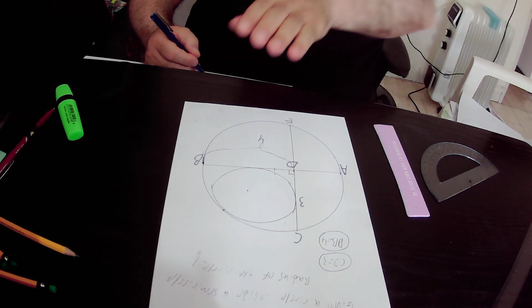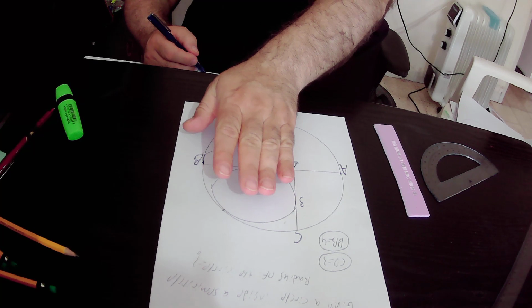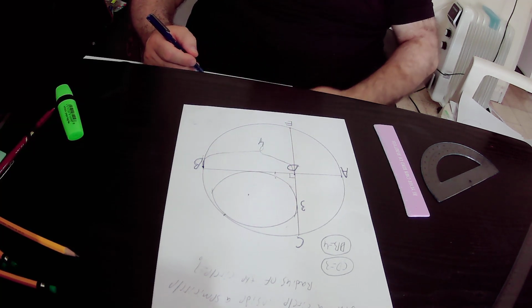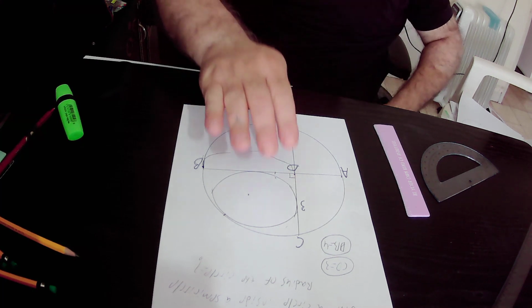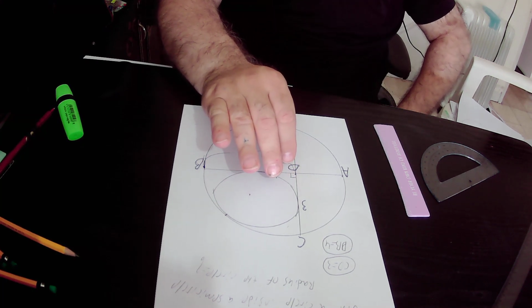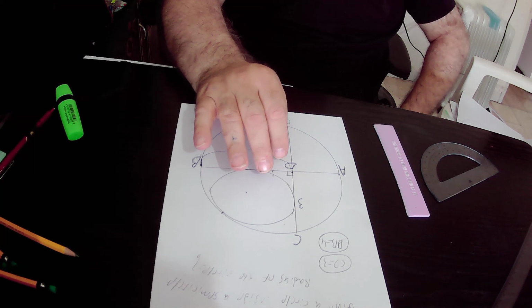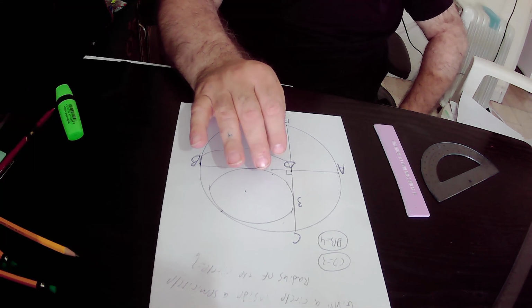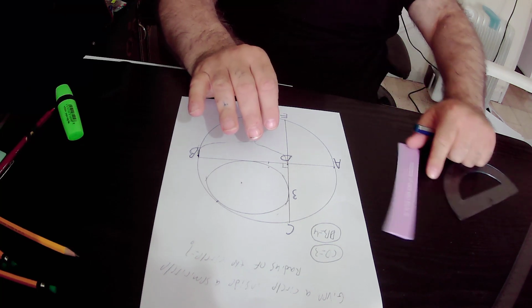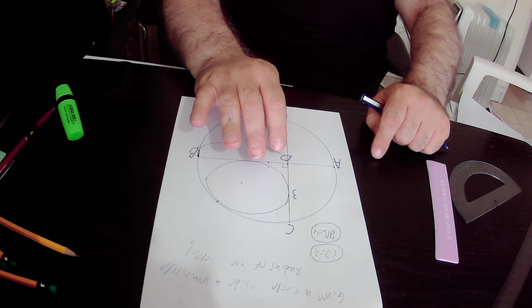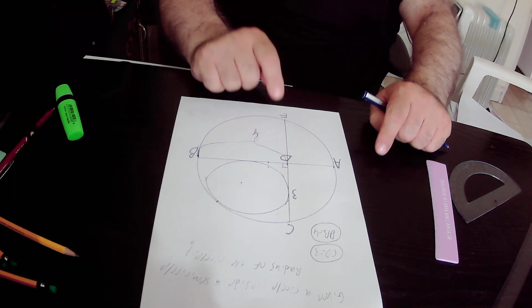If we focus on this side of the straight line CE at point D, then the sum of the angles on this side of CE at point D must be equal to 180 degrees, according to the rule that the sum of the angles on one side of a straight line is equal to 180 degrees. So which angles do we have at point D on this side of CE? We have here 90 degrees and also angle EDB.